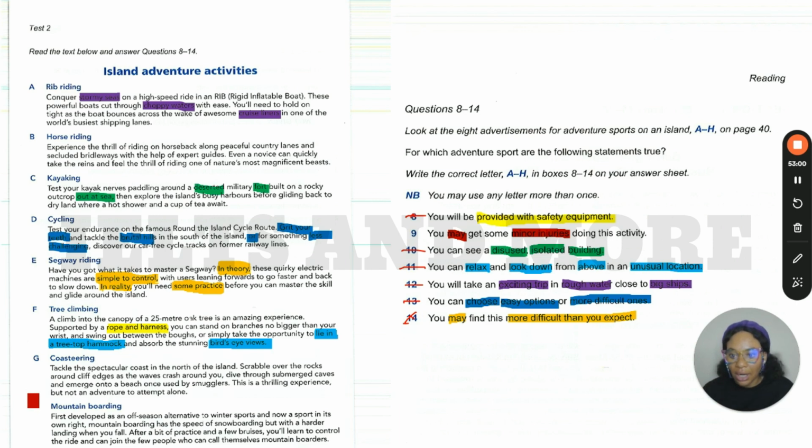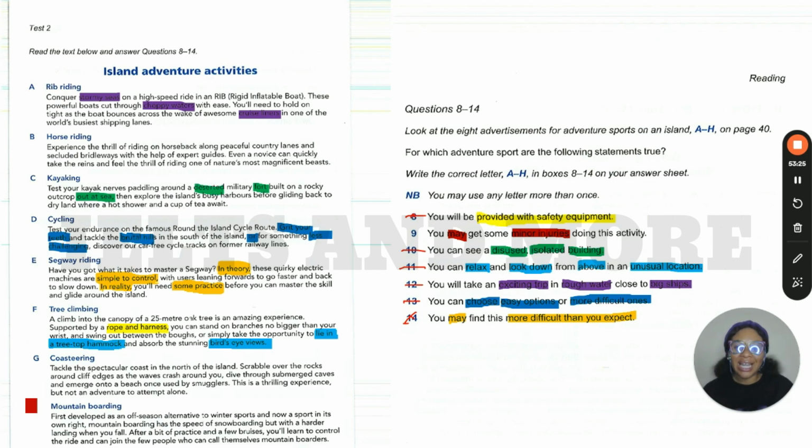Scramble over the rocks around cliff edges as the waves crash around you. Dive through submerged caves and emerge onto a beach once used by smugglers. This is a thrilling experience, but not an adventure to attempt alone. So it said nothing about injuries or wounds. So we'll move on to H.